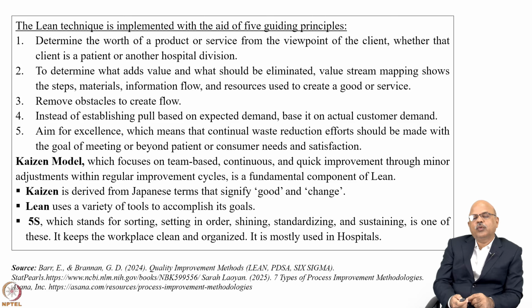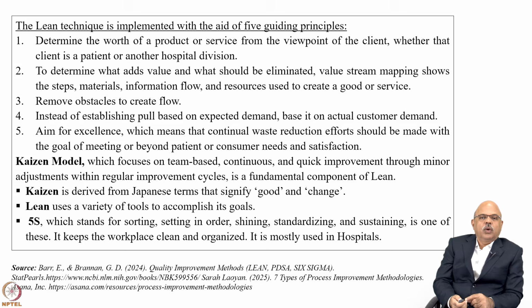Lean uses a variety of tools to accomplish its goal, where Kaizen focuses on team-based, continuous and quick improvement. There is even one Japanese quality tool, 5S, which you may identify in working with your housekeeping or quality people, or in the regular administrative processes.